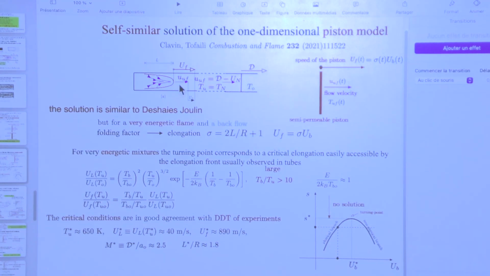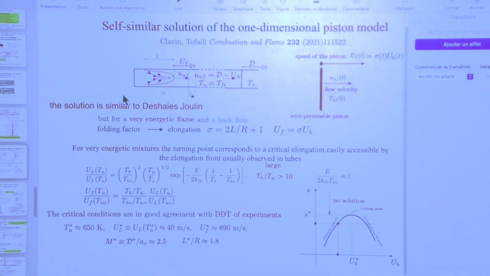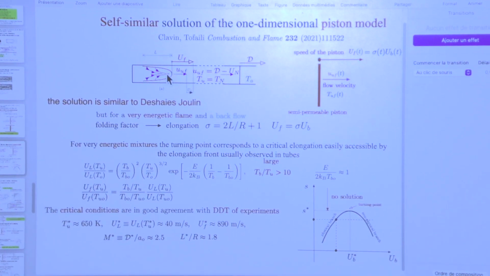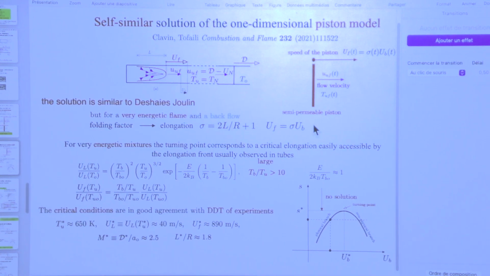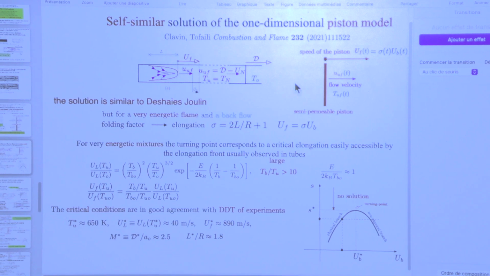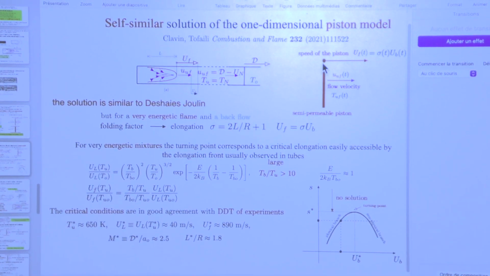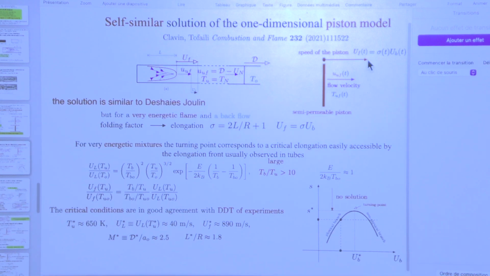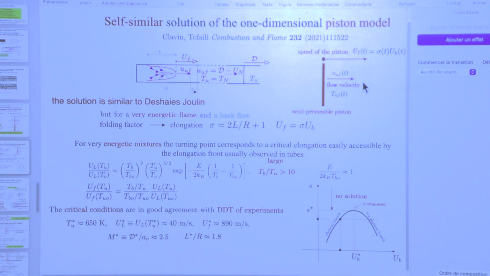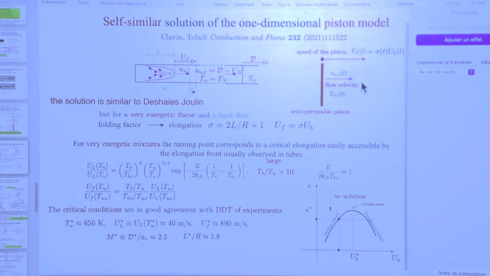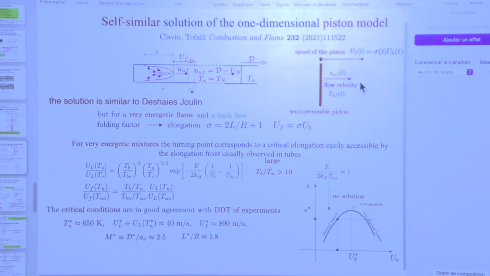Now I am going to consider this tip as planar. I will neglect the curvature effect. I will concentrate on the tip, consider the flame as quasi-planar, and treat it as a semi-transparent piston propagating at a velocity UF, with a flow velocity behind which is smaller than the piston velocity.